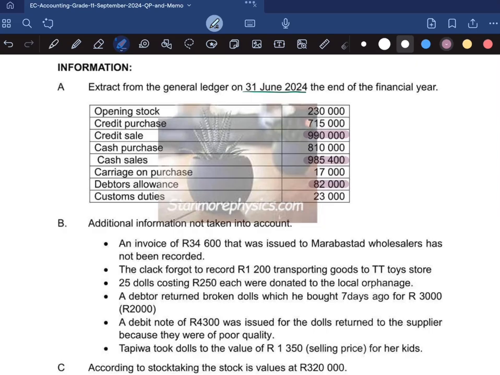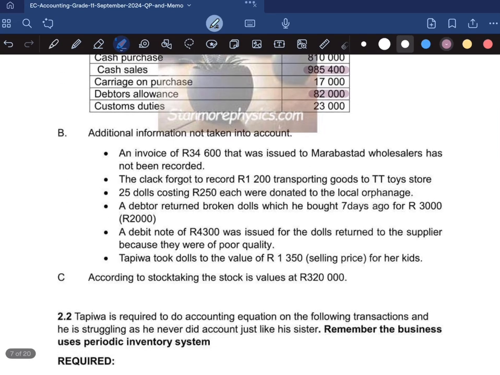So now, when we read information B, we are going to identify stuff that affects our cost of sales, and we're just going to highlight them so that we can calculate our cost of sales. Right. So the first bullet point reads, an invoice of 34,600 that was issued to Marabastad wholesalers has not been recorded.